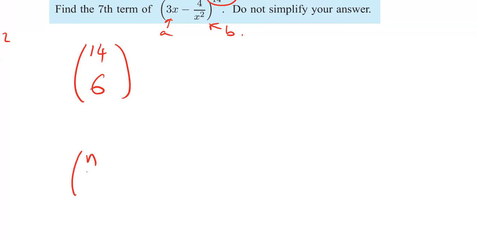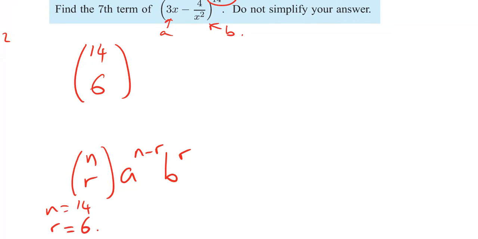So that typical term was n, r, a to the n minus r, b to the r. That is a generic term. And the good news for us is we already know that n is 14 and r is equal to 6. So all we've got to do is plug all these values in, and hopefully that is going to give us the correct answer.